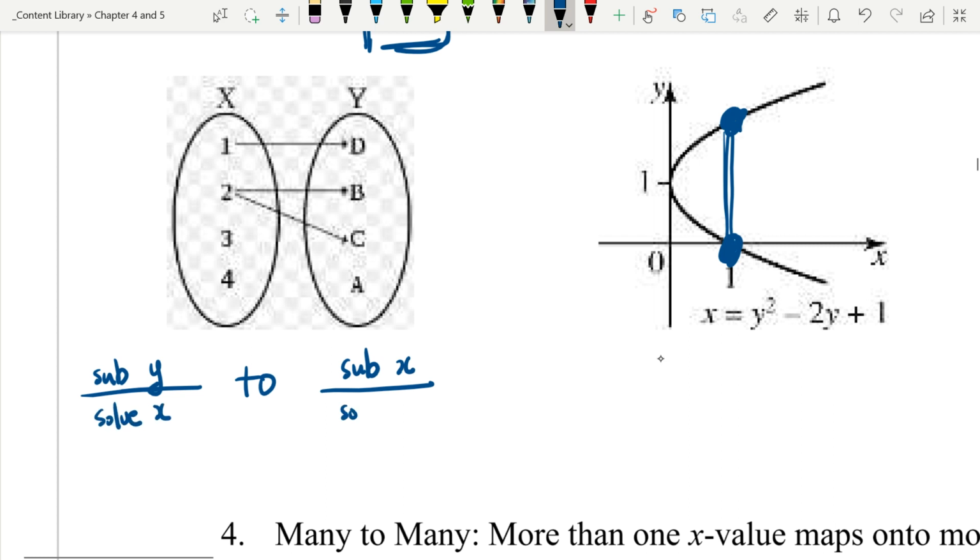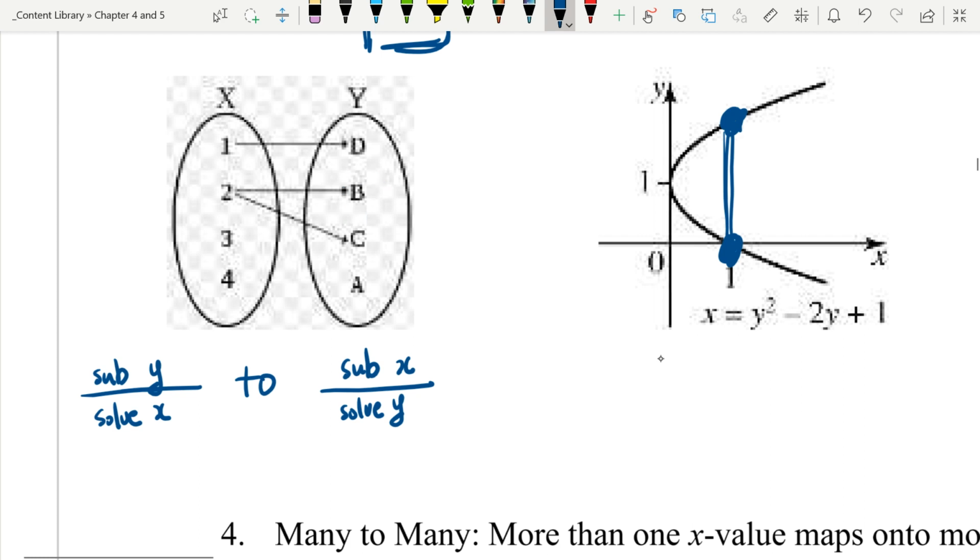Okay, now let's think about the first bracket. When y equals d, what x can you solve out? When y equals d, what's the x value? 1. When y equals b, what's the x value? 2.